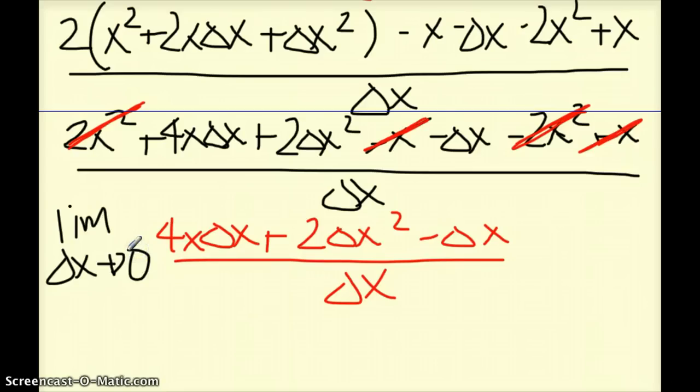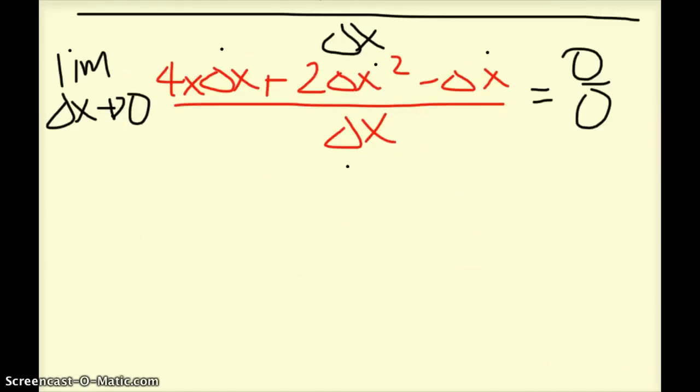So what number should I plug in every time I see a delta x? Good, 0. Well, if you notice, if I plug in a 0 here, a 0 here, a 0 here, and a 0 here, I'm going to get 0 over 0. Well, from our last lesson, our last chapter, what do you have to do if you get 0 over 0? Good. I have to factor something. So if I take a look at my numerator, there's a delta x here, a delta x here, and a delta x here.